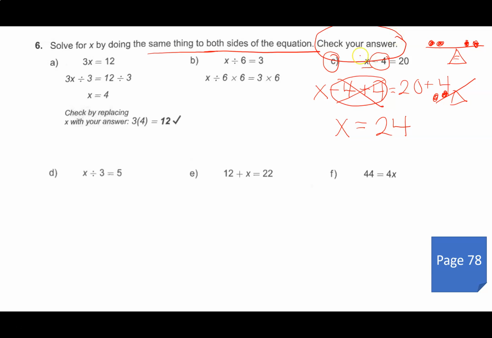If I go back to my original question, sorry, it's getting a little bit messy, I'm going to replace x with 24. So 24 minus 4 equals 20. Is that true? It certainly is. Please try D, E, and F on your own.